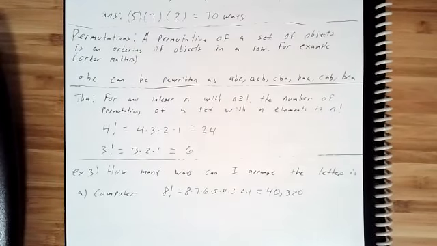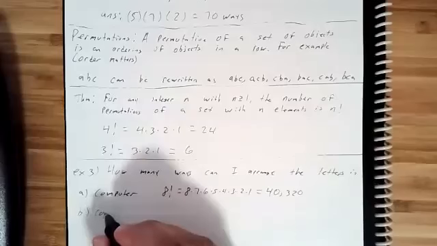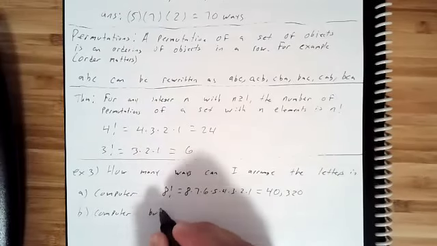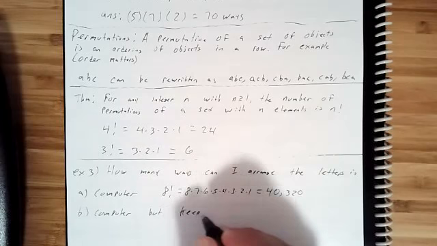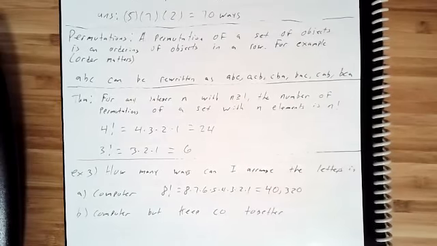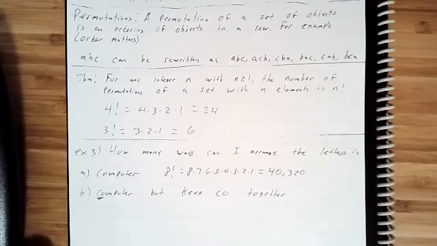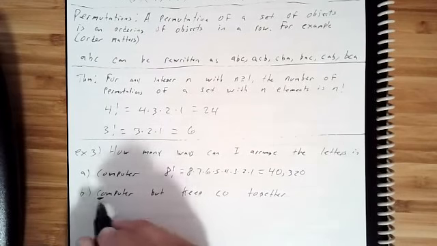Now, if they were to group CO in computer as one item, let's say they said you cannot separate the CO, but keep CO together. So consider CO as a unit. This is like one element, one letter, kind of. So all you have to do is use 7 factorial, because we're shuffling this as its own element.